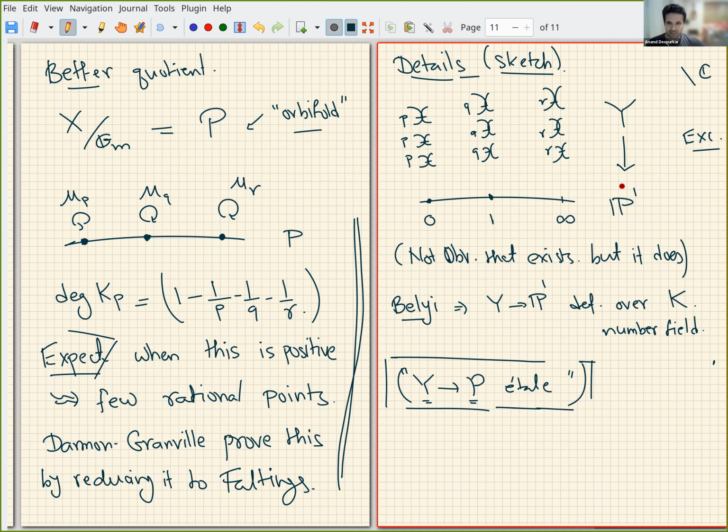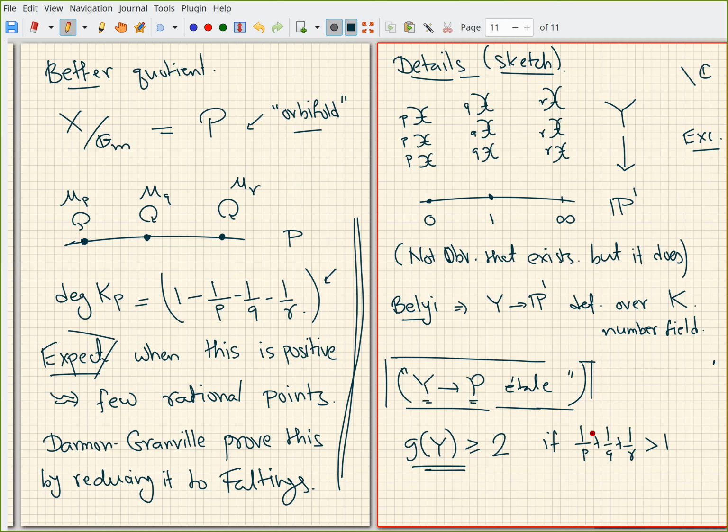But okay, so the Y to P is this curve, and then you just compute the genus of Y, and sure enough, it's at least 2 if this condition is satisfied. And you also see why it has to be true, because this is an étale cover, right? So the Euler characteristic of Y is going to be a multiple of the Euler characteristic of P, or the degree of the canonical.